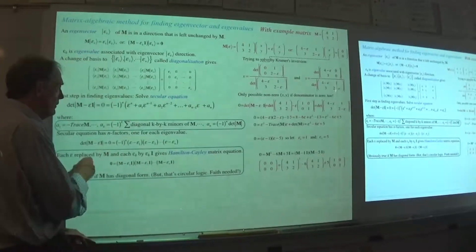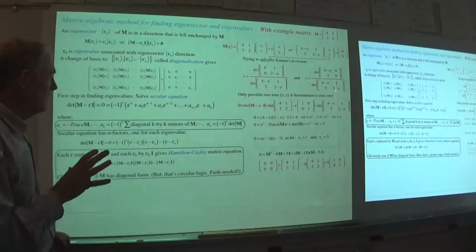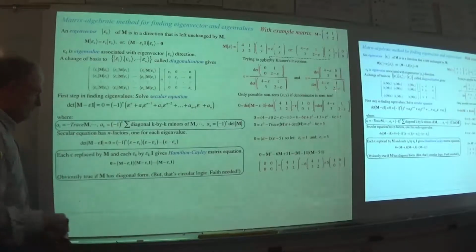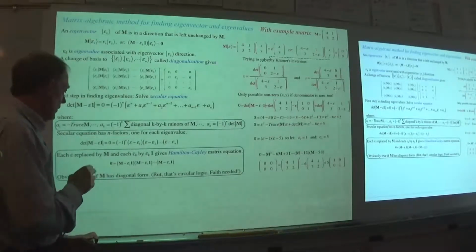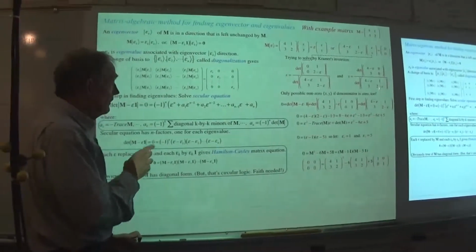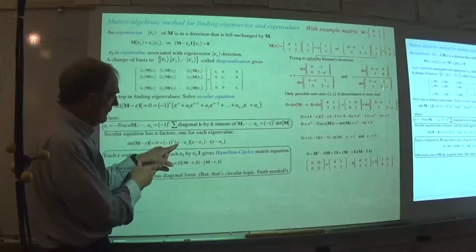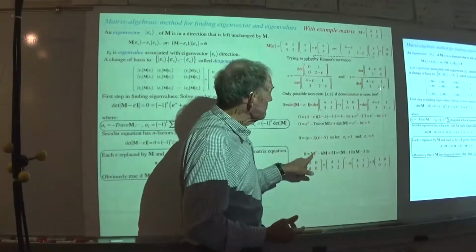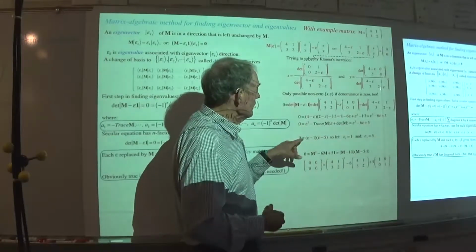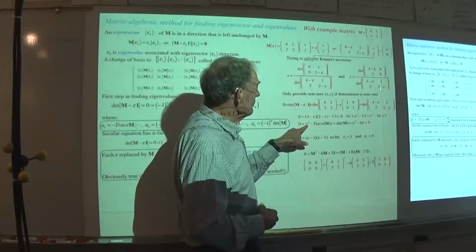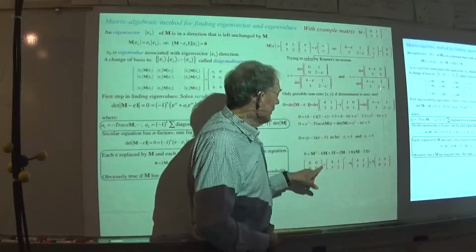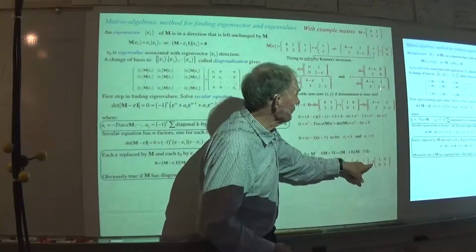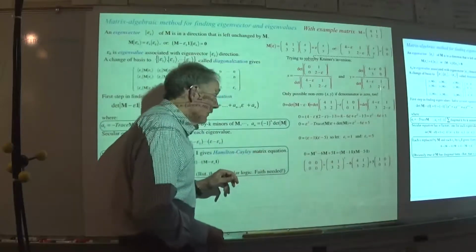Okay? And this is a really important mathematical idea, a theorem, a beautiful step. If I replace the secular equation's epsilon by the matrix itself, that is, if I take this secular equation right here and stick a matrix in for each of the epsilons, this thing right here, epsilon squared minus 6 times the matrix squared first, and then minus 6 times the matrix plus 5 times, and you replace that by unit.